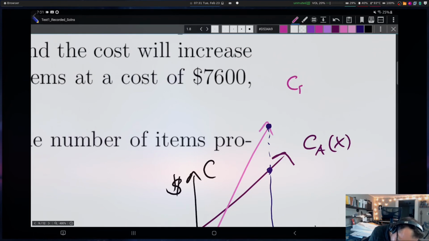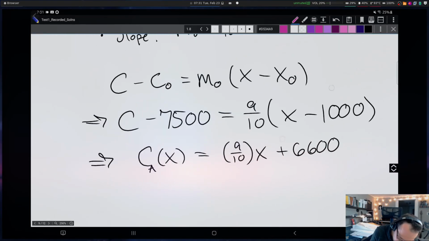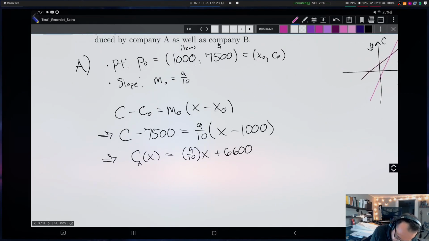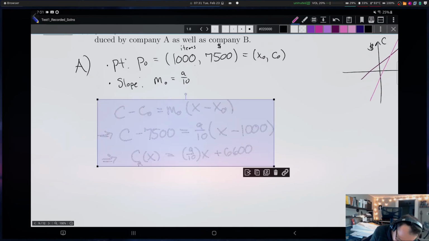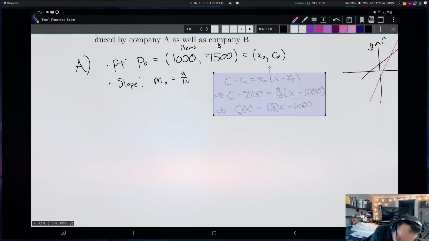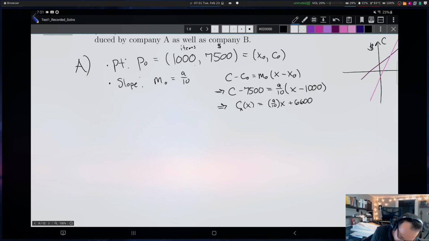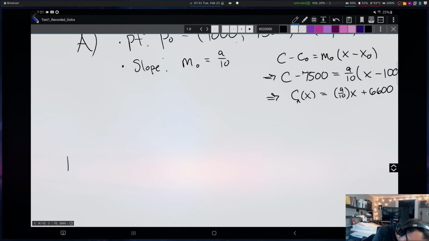Let's call this other one c sub b of x or something now, because the outputs are these c's, these costs. Okay, so that is one of the functions. Let me go ahead and shrink that, move it out of the way a little bit. We'll need to come back later and simplify, figure out what the question was actually asking for, but let's look at company B now.